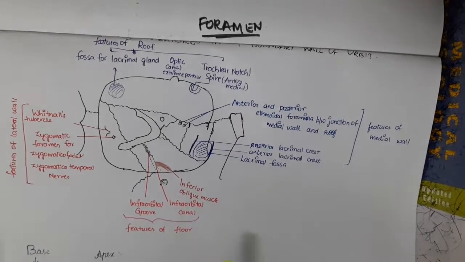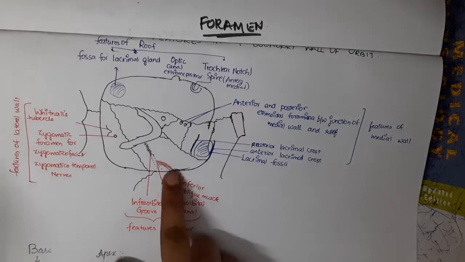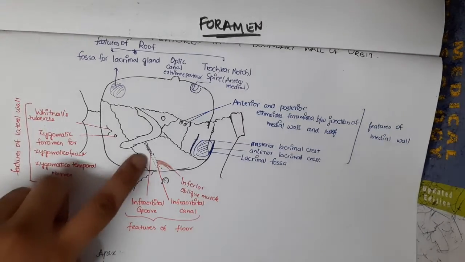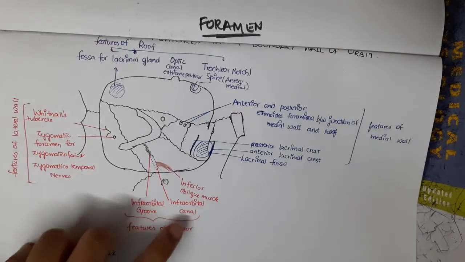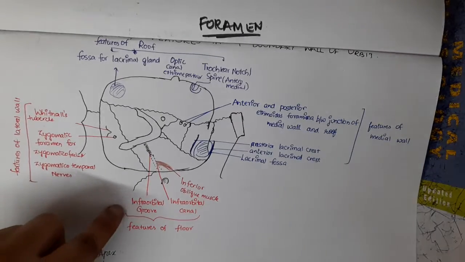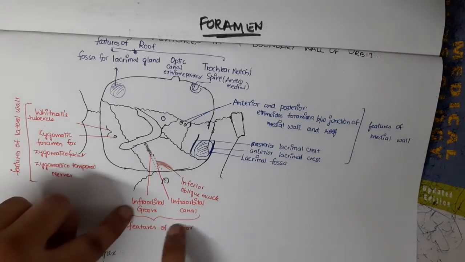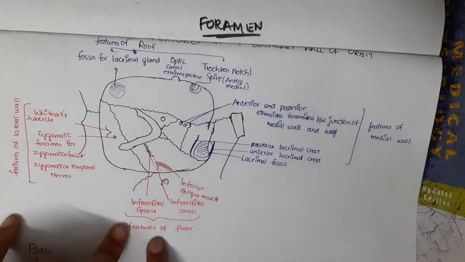Then we have the inferior orbital fissure. This is the inferior orbital fissure, and we have an infraorbital canal and infraorbital groove. Both the infraorbital canal and infraorbital groove form the features of the floor.